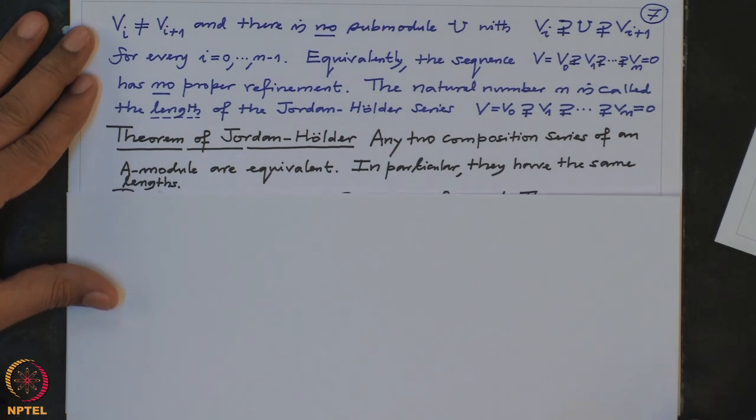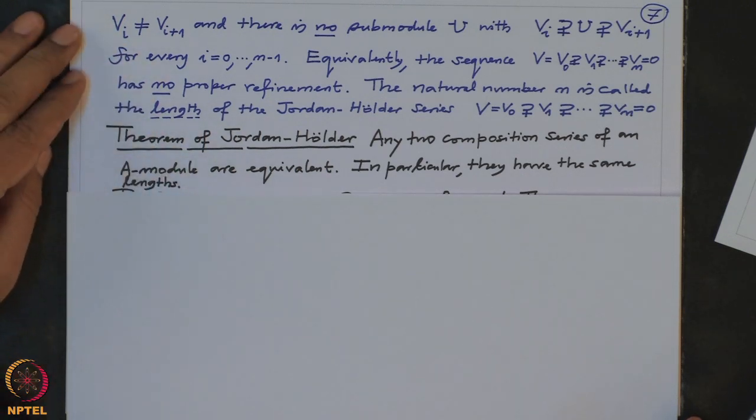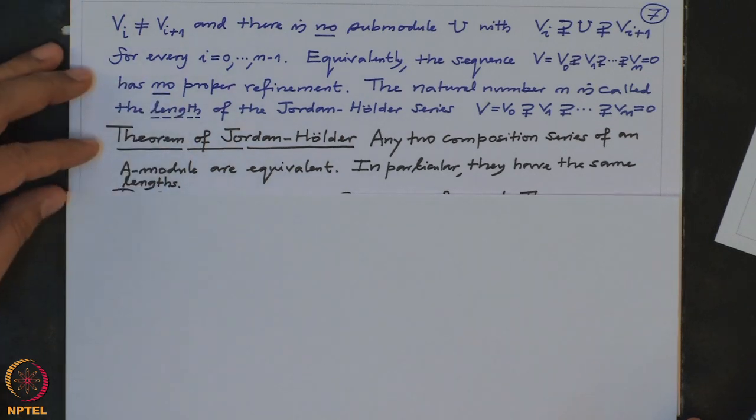This is a very important theorem. It was proved for groups first, the abelian groups first. That is because Jordan was studying Galois theory, and therefore it was very important to consider abelian groups and Jordan-Holder series like that.